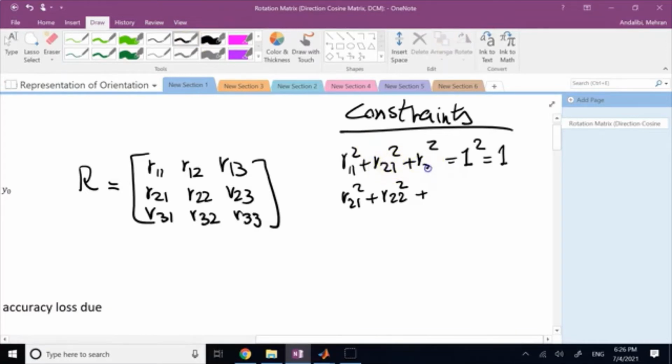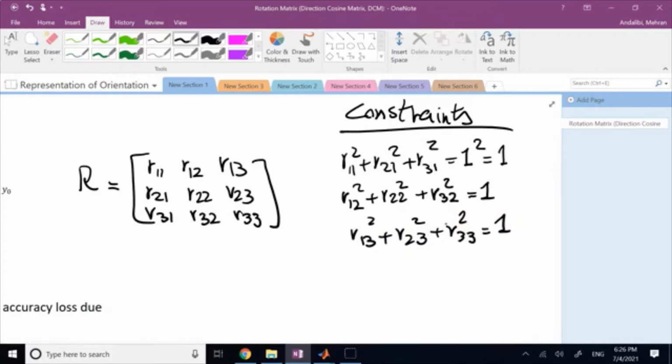This is going to be 3, 1. And this is going to be 3, 2 squared. And this is going to be 1, 2. And similarly, R13 squared plus R23 squared plus R33 squared is also 1. So you see here, I have 3 constraints already between these 9 numbers. But that's not only it.